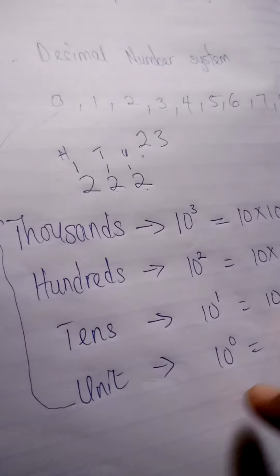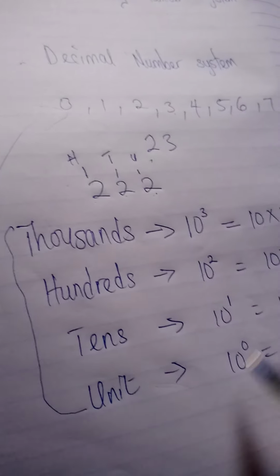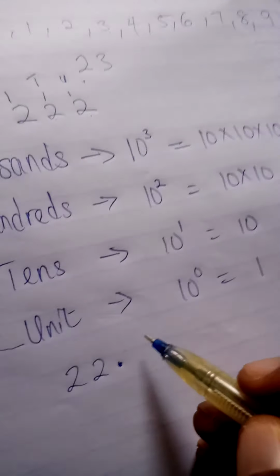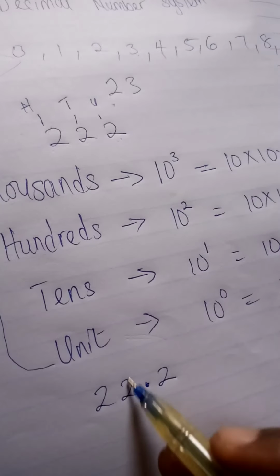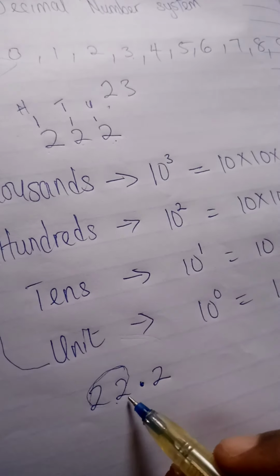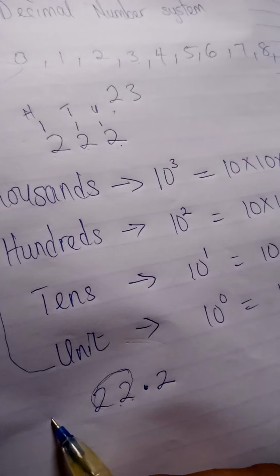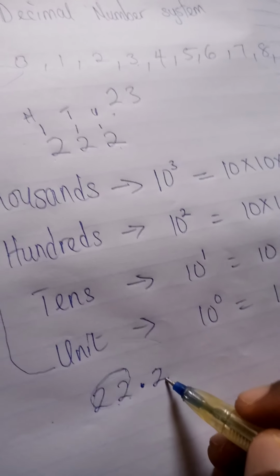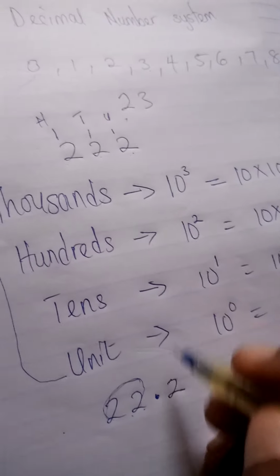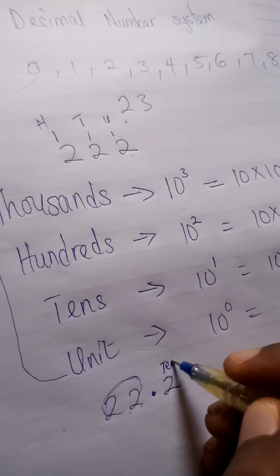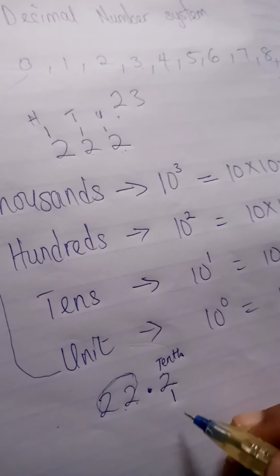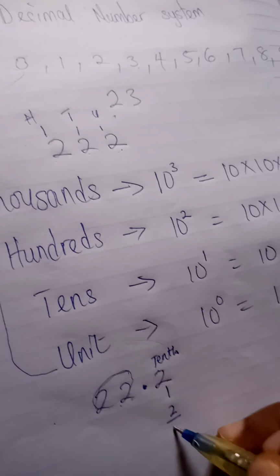Yes, for example, when you have 2.2, now these 2 and 2 are whole numbers, and this 2 after the decimal point is a decimal fraction, which is what? Tenths, which can be further expressed as 2/10.